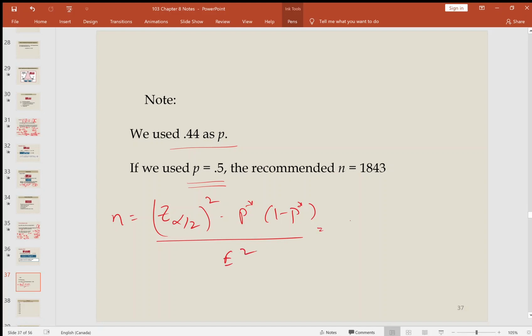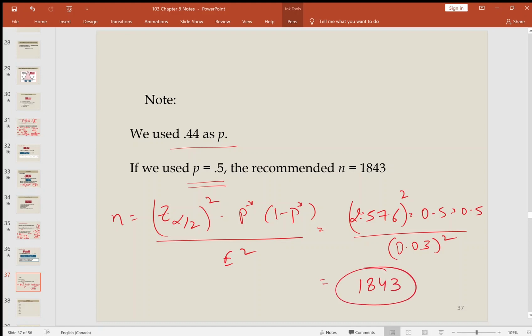So this is equal to 2.576 square times 0.5 times 0.5, since 1 minus 0.5 is also 0.5, divided by 0.03 square. If you solve this, you will get 1843, right? So even if the proportion is not given to us, we can just use a planning value of 0.5, and that would have given us a slightly higher required sample size of 1843.